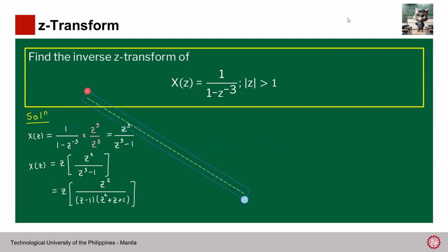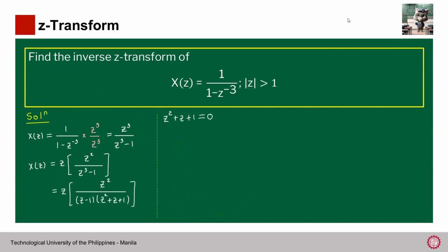Anyway, what is the next step, guys? The next step is we will do the partial fraction. But first, what are the roots of Z squared plus Z plus 1? We need to get the roots of this one because they will be our denominator. Equate it to 0, guys.